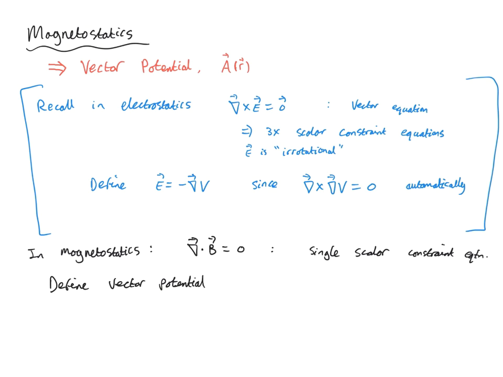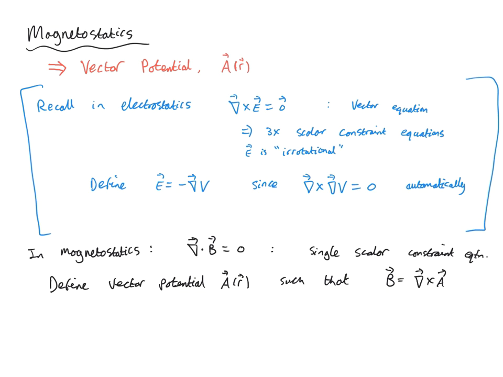And we call this A vector. And it's a field in the sense that it exists everywhere in space. So it's a vector function of r vector. And we define the vector potential A such that the magnetic field is given by the curl of this thing, A.